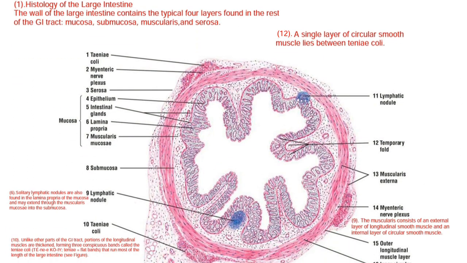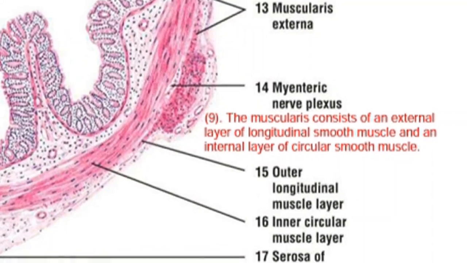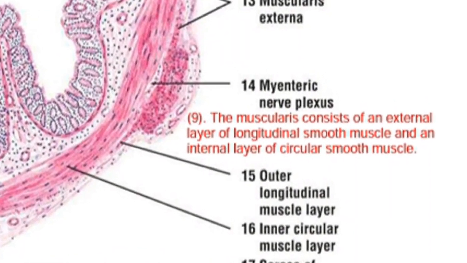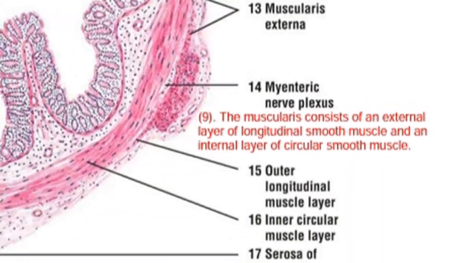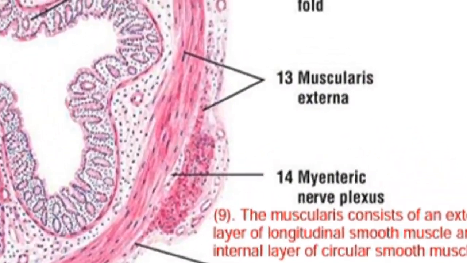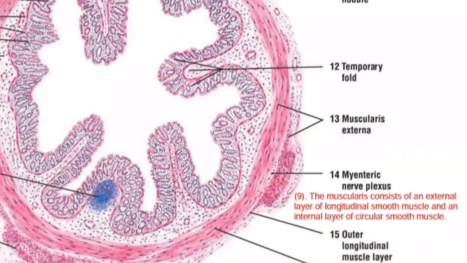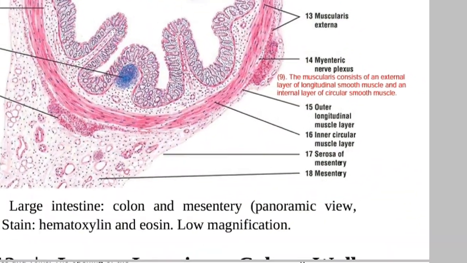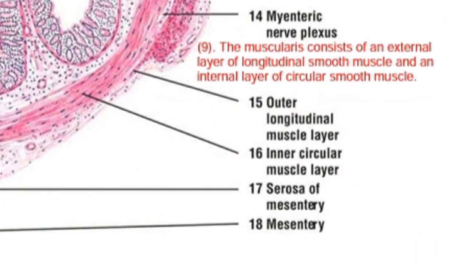Now moving on to the ninth point, muscularis. Where is the muscularis? Here you see the muscularis is shown. In the muscularis there are two types of arrangement of smooth muscle.